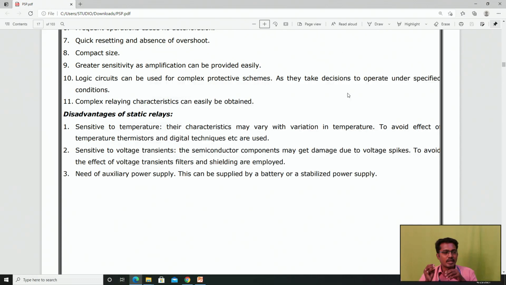For example, if a resistance is manufactured through semiconductor at a temperature of 25 degrees, the value will be 10 ohm. When we measure the resistance at a temperature of 35 degrees, it won't show 10 ohm. It may show an increased value or a decreased value.